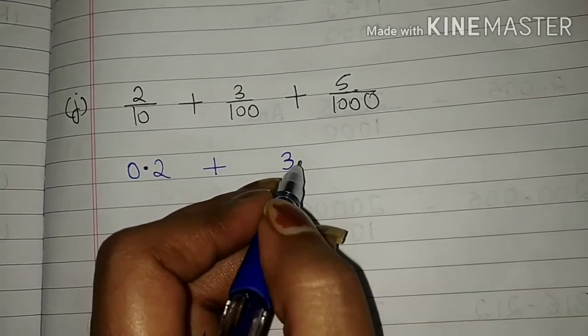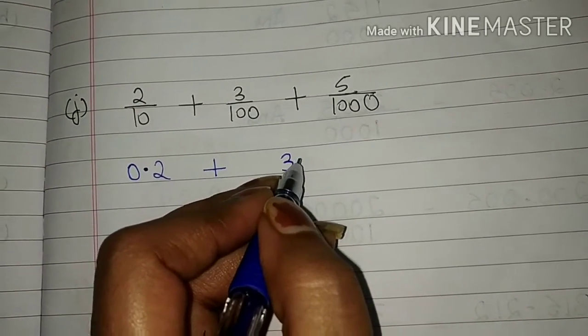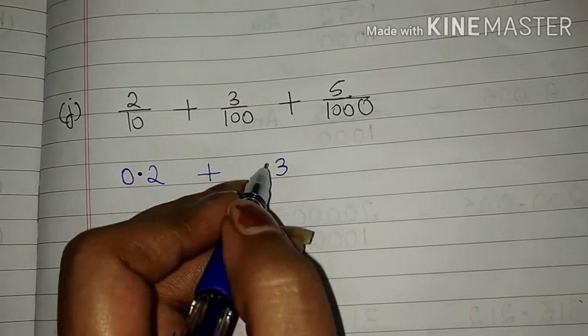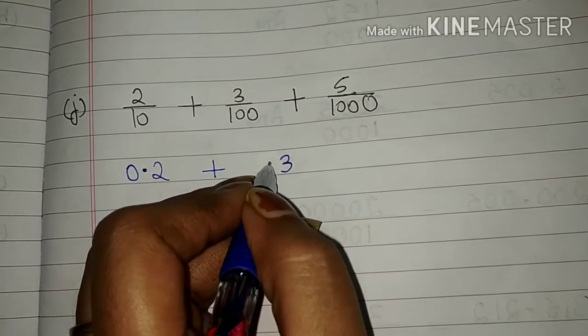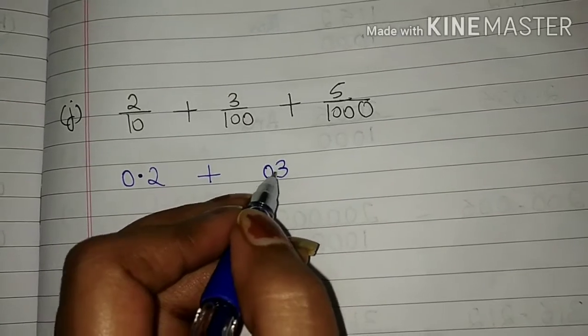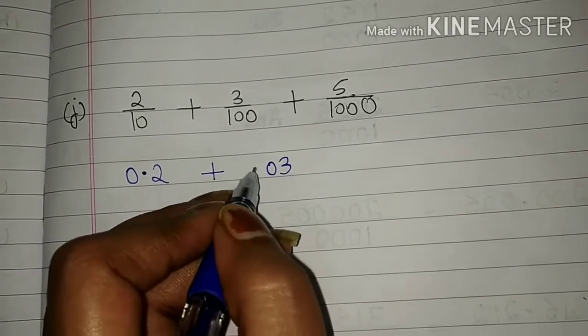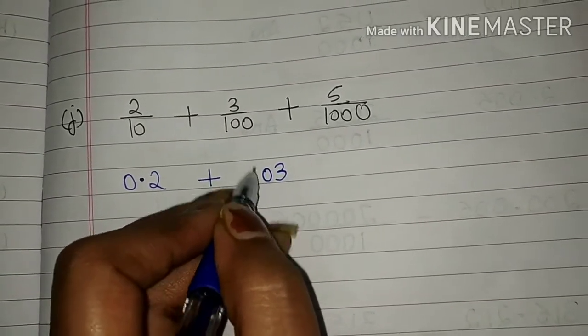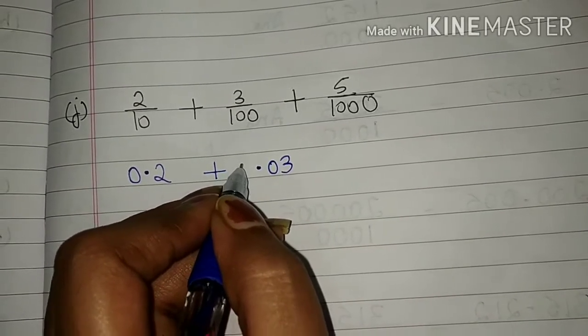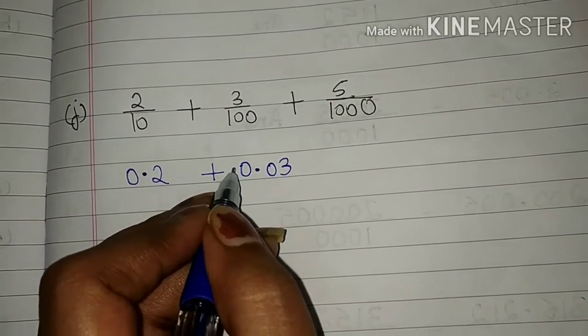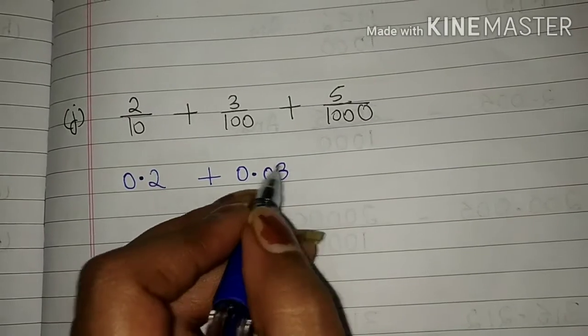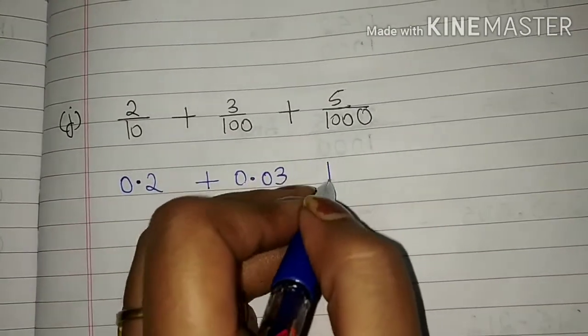And starting from the right side, we will leave 2 numbers. We will leave this number because second number is not given. So we will write here 0. Now we will leave these 2 numbers and then put a decimal point here. After that, we will write here 0. Now students, this is 0.03 plus.